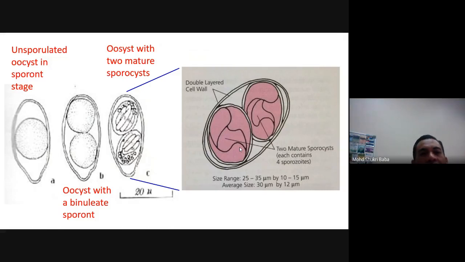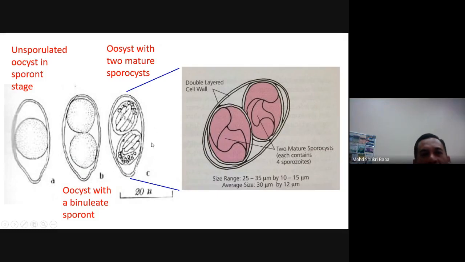So basically Isospora oocyst dia ada 3 bentuk. Yang pertama, unsporulated oocyst in sporon stage. So unsporulated oocyst ni maknanya oocyst yang masih belum matang. Dia ada sporocyst ni ada satu saja. Lepas tu oocyst with a binucleate sporon, lama-kelamaan dia akan ada 2.